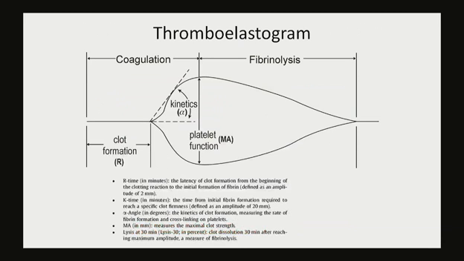This is a diagram of a thromboelastogram. There's a whole additional presentation we'll have on TEG, but this is the way to establish what's going on with clot formation. That's the vitamin K-dependent cofactors. The kinetics of clot formation, that's the alpha angle, also called the K. And fibrinolysis, well, let's start before fibrinolysis.